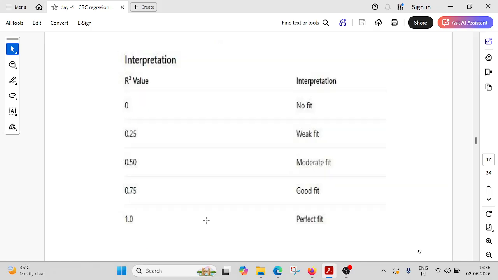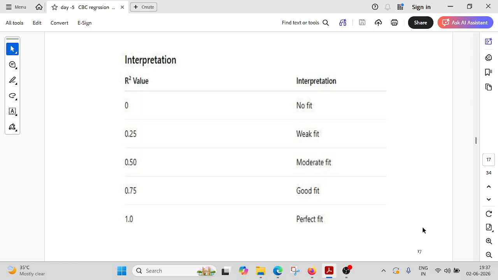Now the interpretation of the R square value. If the R square value is 0, there is no fit. If you have 0.25, a weak fit. 0.50, a moderate fit. 0.75, a good fit. 1, a perfect fit.